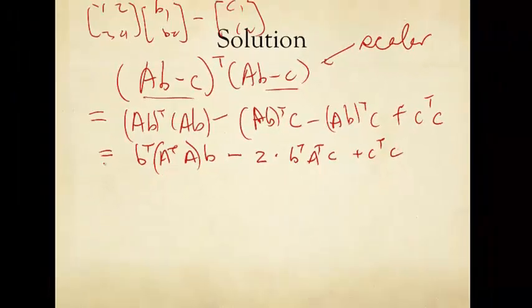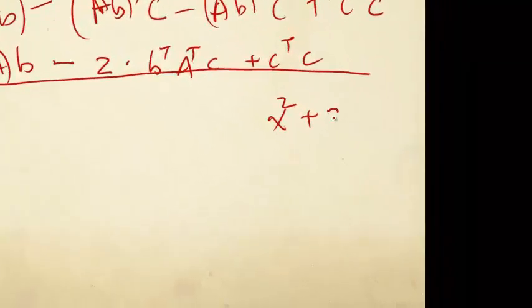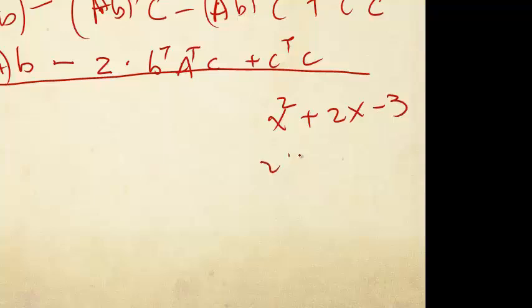Now if we want to minimize this expression over the variable B for a given A matrix and C vector, you can just take the derivative with respect to B. It is just like taking the derivative with respect to x of a quadratic scalar function, say x squared plus 2x minus 3. We take the derivative and get 2x plus 2.